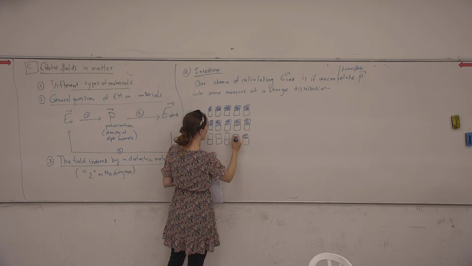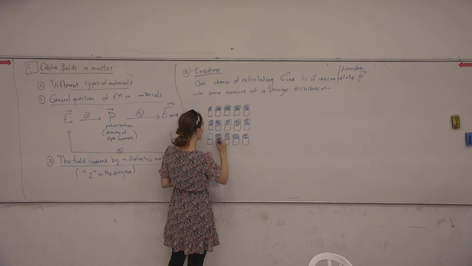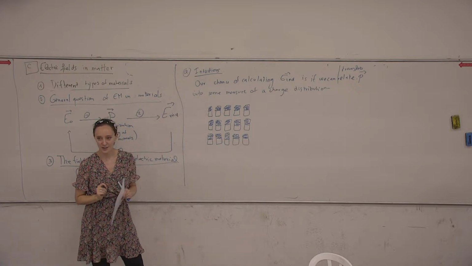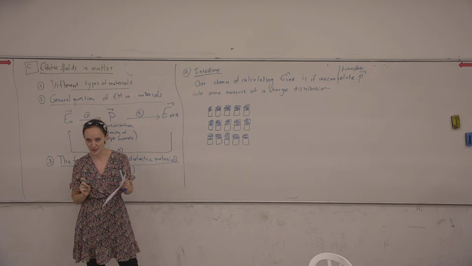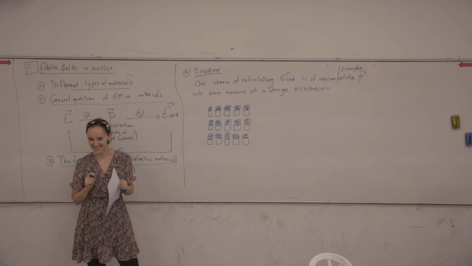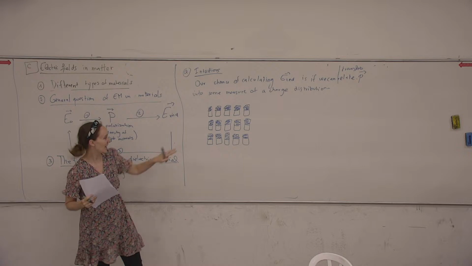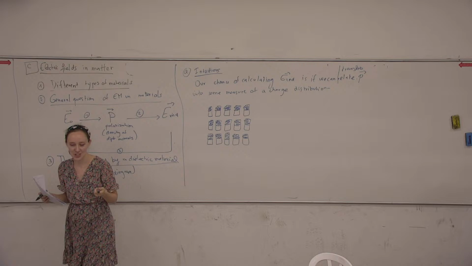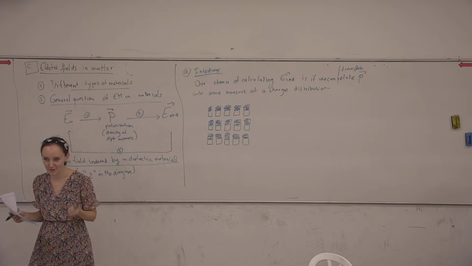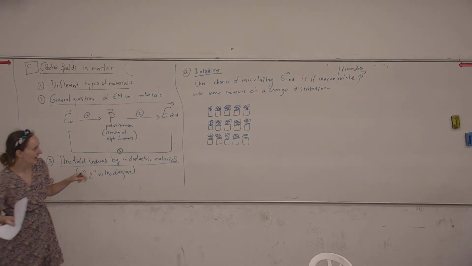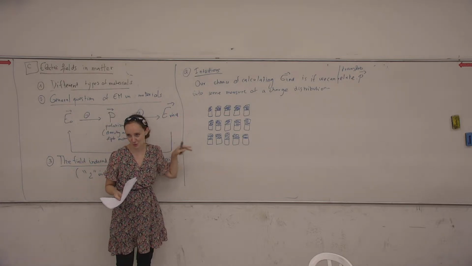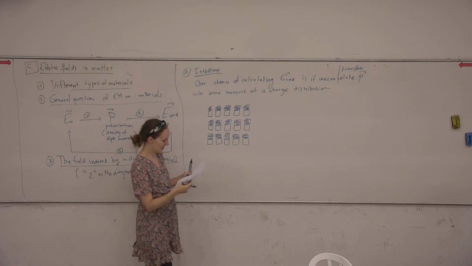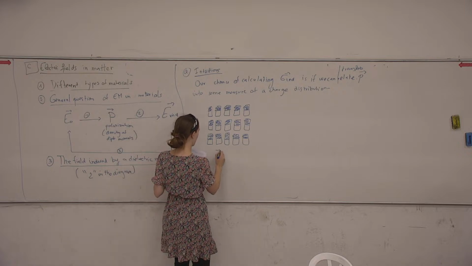What I've made here is a uniform polarization. Do you agree? Yes, you agree that this polarization is uniform, right? Polarization, we said, is the volume density of dipoles, and I drew them uniformly. So the polarization here is uniform.